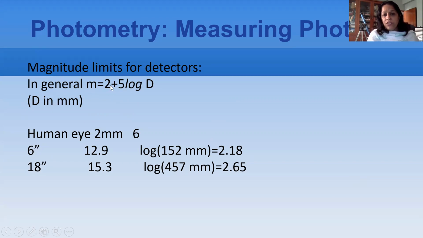Therefore, this would be 2 plus 5 into 2.18, which is 12.9. Similarly, the 18-inch is 457 millimeters, which is 2.65 in terms of logs. So it would be 2 plus 5 into 2.65, which gives approximately 15.3. So that's the immediate way you can find out the brightness limit you are going to reach, depending upon the telescope you take, a 10 meter or a 20 meter, etc.